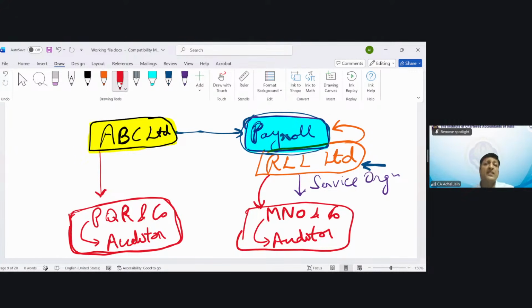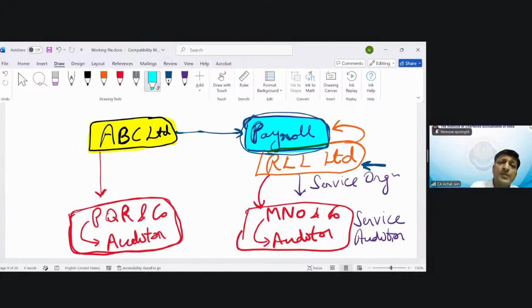You can say that's the auditor of the service entity. So the term you can use for that is service auditor. The term that you use for ABC is user entity. And the term that you use for the auditor of the user entity is user auditor. So these are the terms which are used, right?